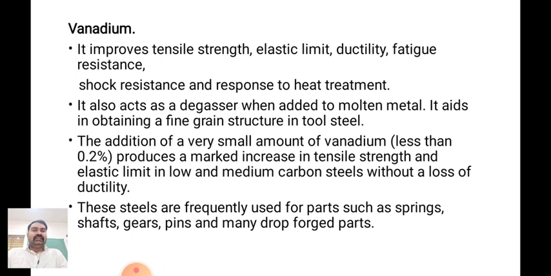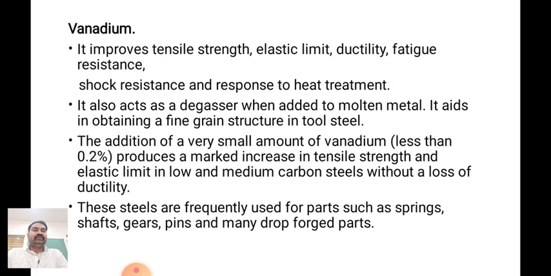Now these steels are frequently used for parts such as springs, shafts, gears, pins, and many drop forge parts. Meaning, as vanadium is added into the steel, that steel is frequently used for the manufacturing of parts such as springs.